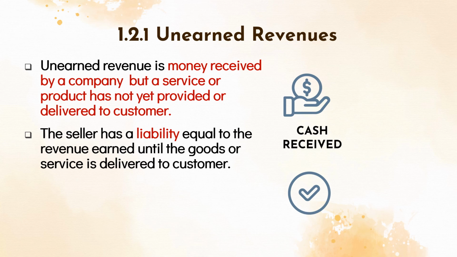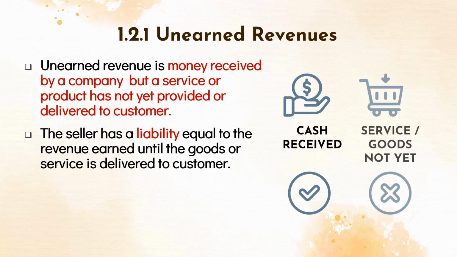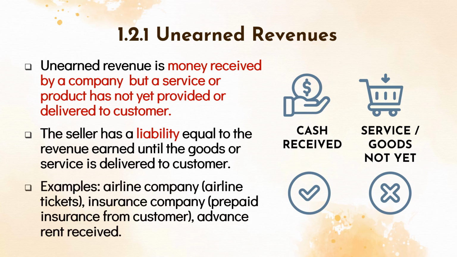It means that we have received cash, but the service or goods are not yet delivered to the customer. For example, airline tickets in an airline company, prepaid insurance from customers in an insurance company, and advance rent received.